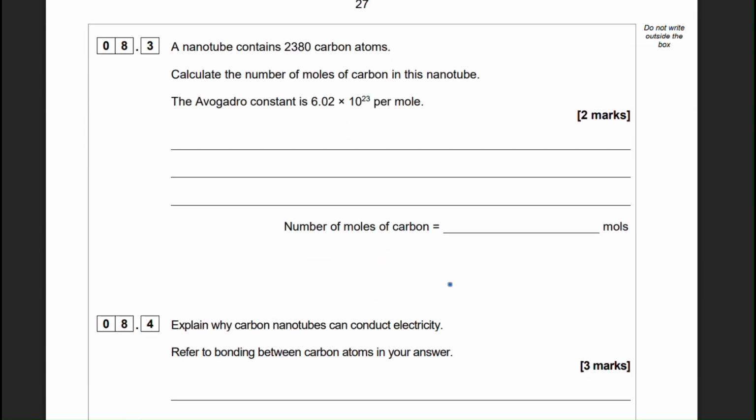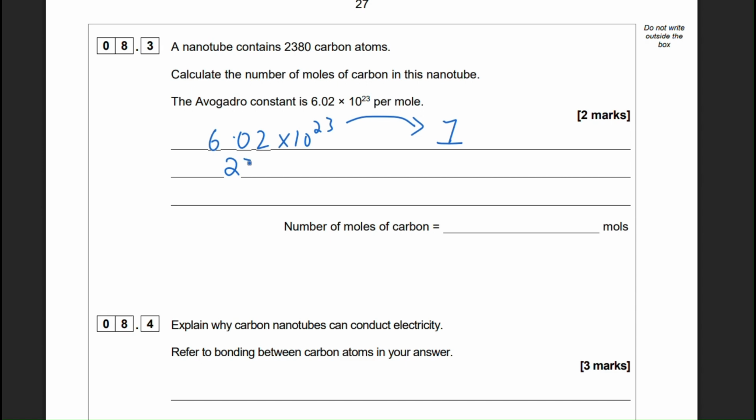Okay, this next question is a calculation question and it uses Avogadro's number. It's just a simple ratio question actually, because 6.02 times 10 to the 23 is 1 mole, and that's how many particles you've got. We don't have 6.02 times 10 to the 23 particles.